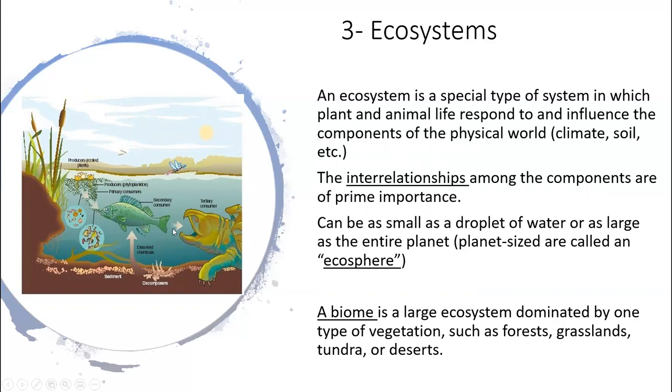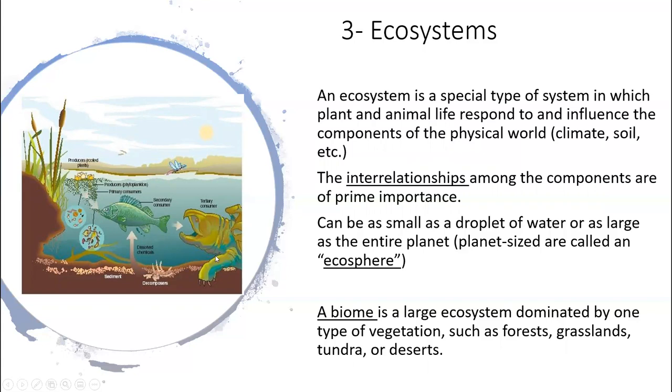If you look at this one here, this is an example of an ecosystem. There are some flowers, looks like lily pads and stuff like that. There are some nutrients there, eaten by a bigger little thing. And anyway, you have a bigger fish there, and that bigger fish is always eaten by a bigger creature.